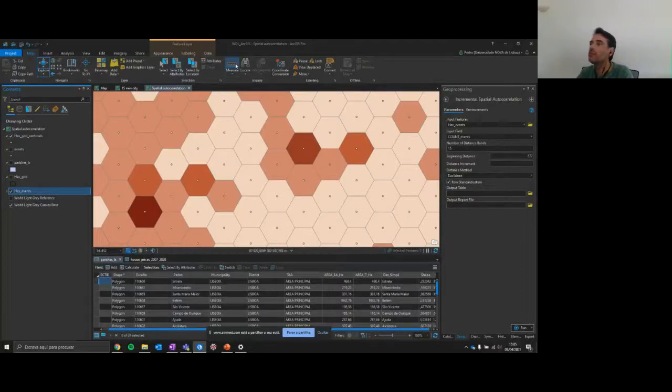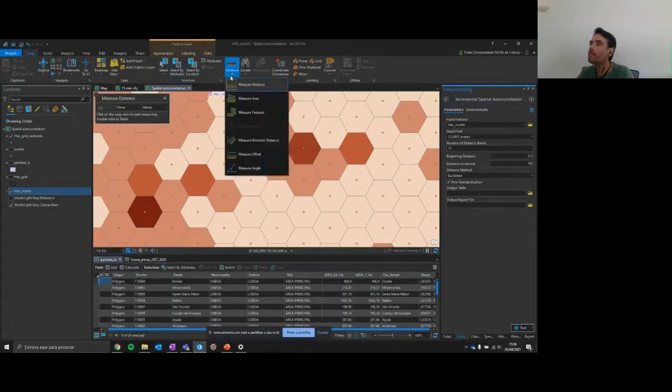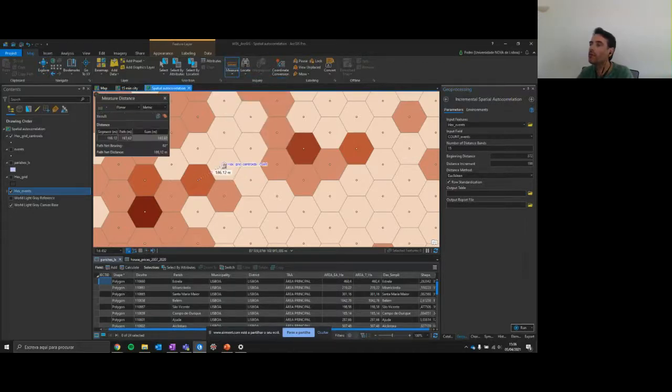As you can see, it is the distance between two hexagons, okay? I'll choose this starting distance with increments of 186 meters. That is the distance from the neighborhood hexagon, okay?